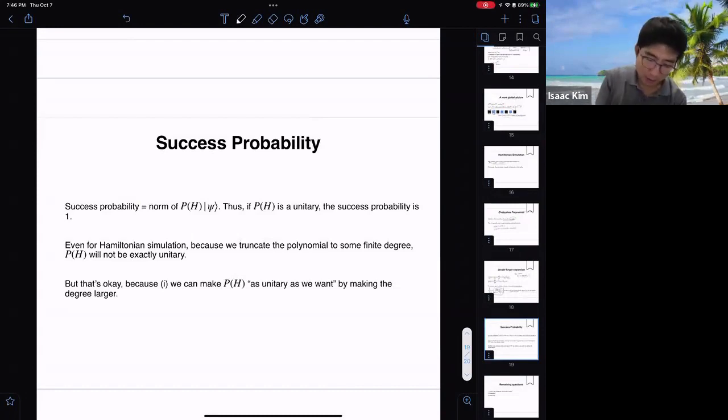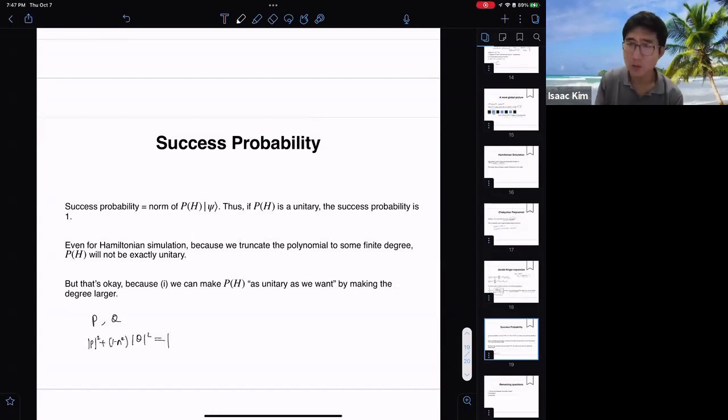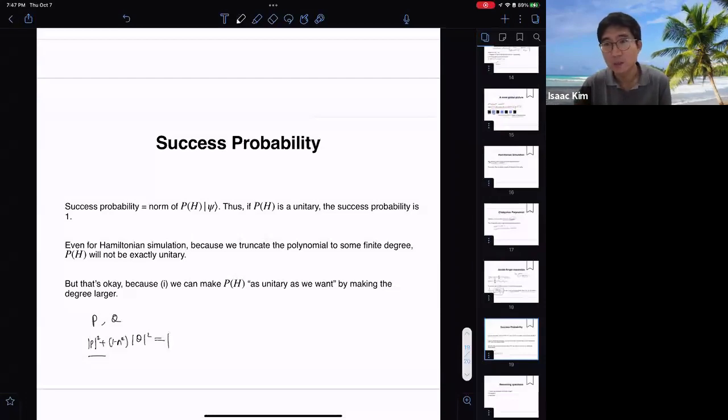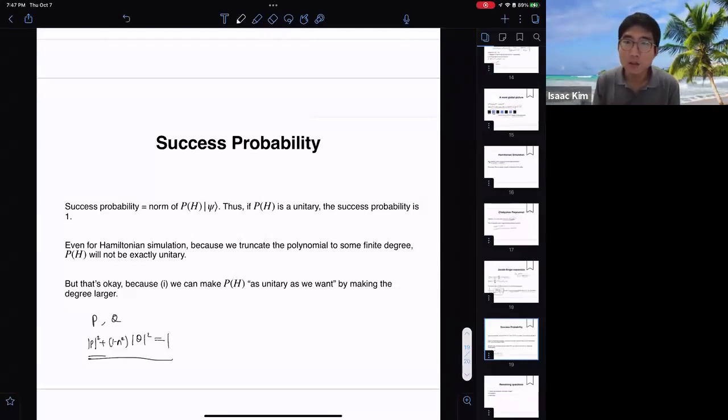We have this p and q such that p squared plus (1 minus a squared) q squared must be equal to 1, and there are some conditions on the degree. So you can see that the norm of p cannot be too large. If you approximate e to the minus iHt by a polynomial that can potentially have a very large norm, then that's no good because this condition will not be satisfied. And indeed, the polynomials that these guys developed are properly normalized, so this condition can be satisfied.